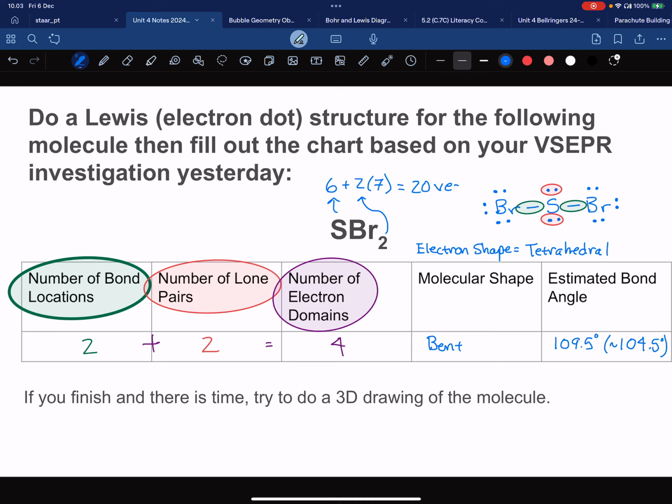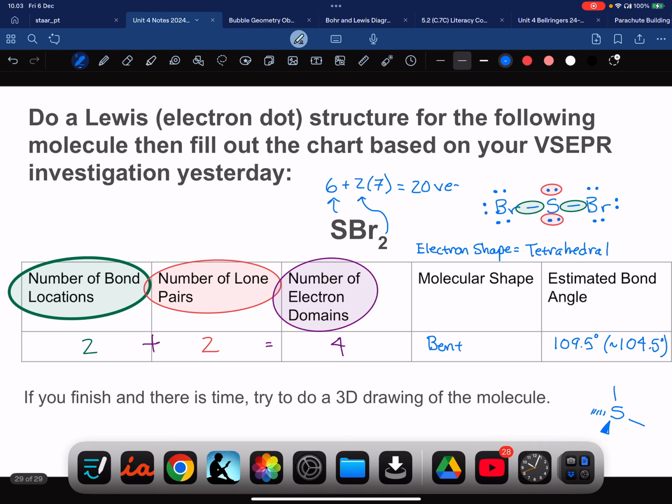Now, drawing a 3D molecule. The 3D drawings are always the same. If you have 4 electron domains, all you do is you put in the central atom, and then you put in the line, the wedge that's coming out at you, and the dash that's going back in.